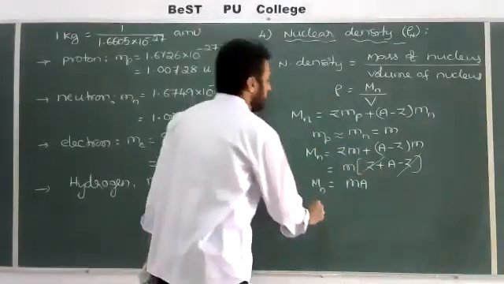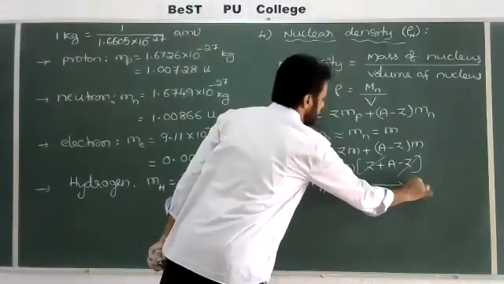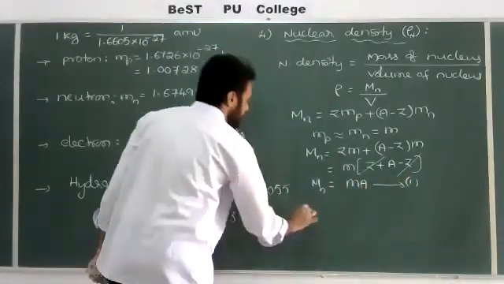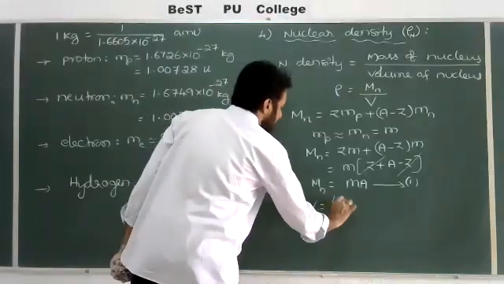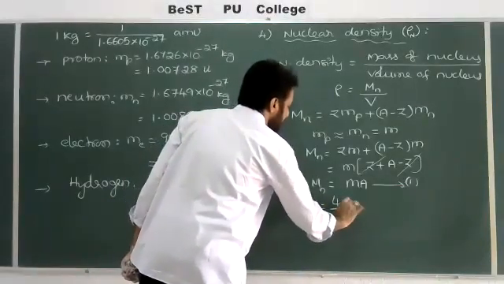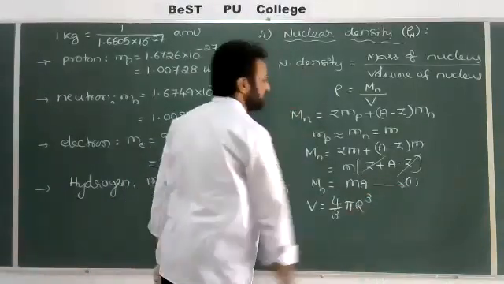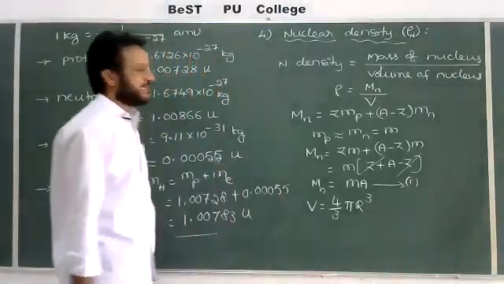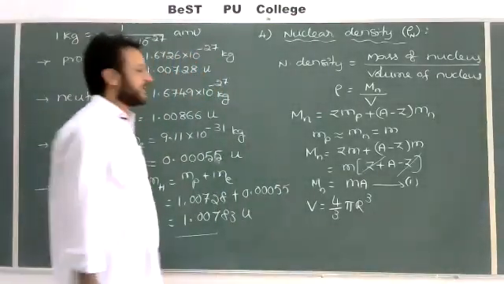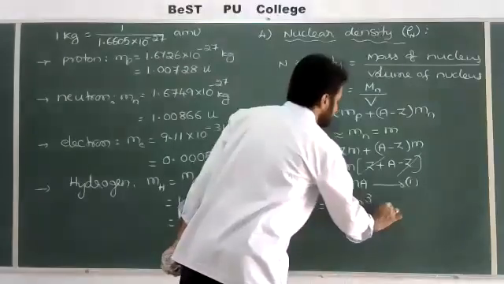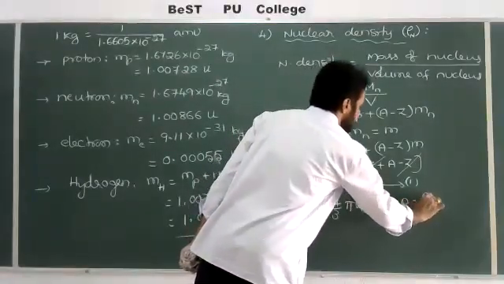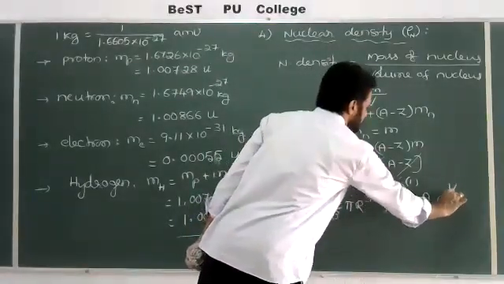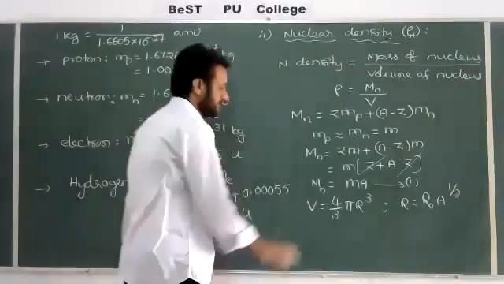But what about the volume of the nucleus? That was one equation for one point, am I right? Volume of the nucleus is equal to the formula 4/3 pi r cube. But I have already given r is equal to r naught into A to the power of 1 by 3. I'll substitute here.